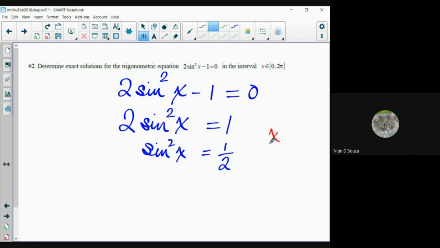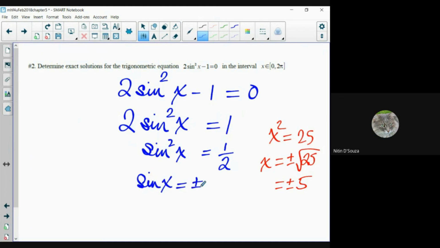Remember, if x squared is equal to 25, x is equal to plus or minus the square root of 25. So x is equal to plus or minus 5. Yeah? So when I take the square root of both sides, sine x is equal to plus or minus radical 1/2.